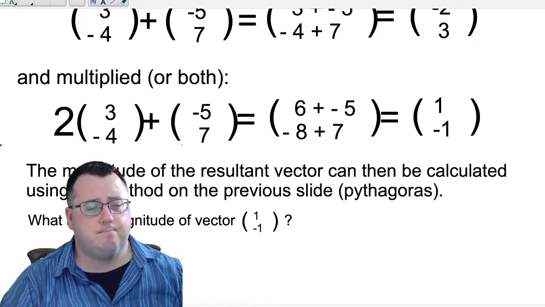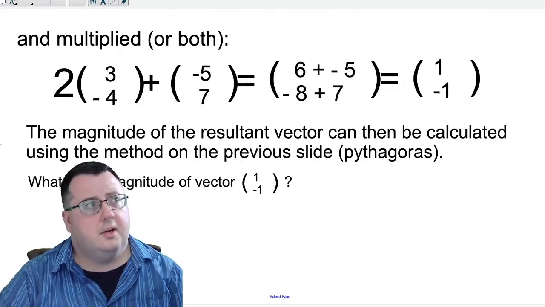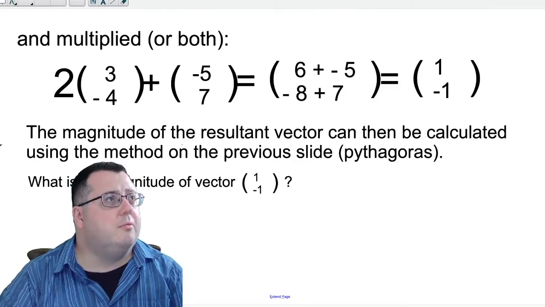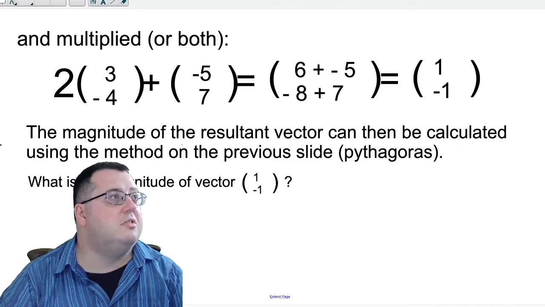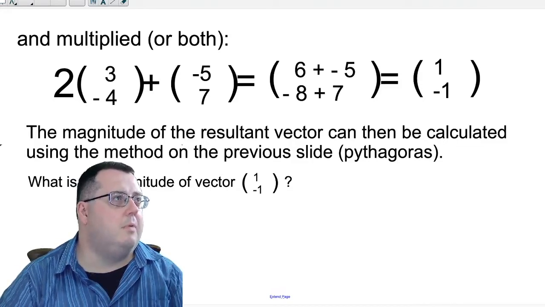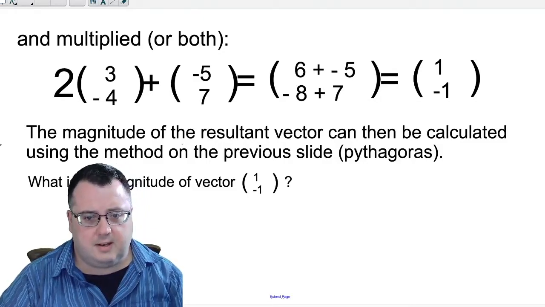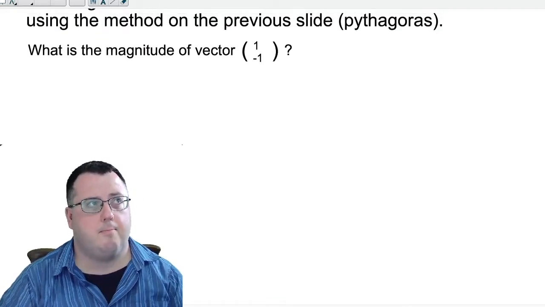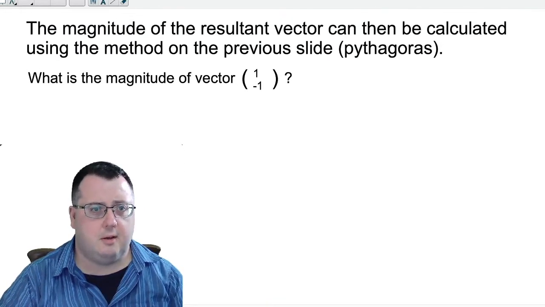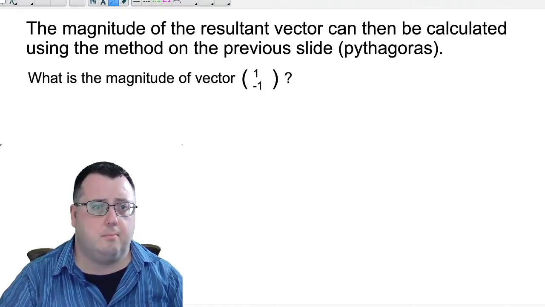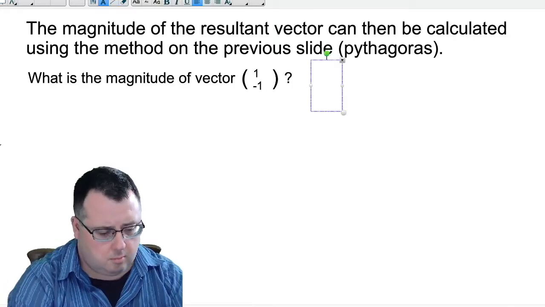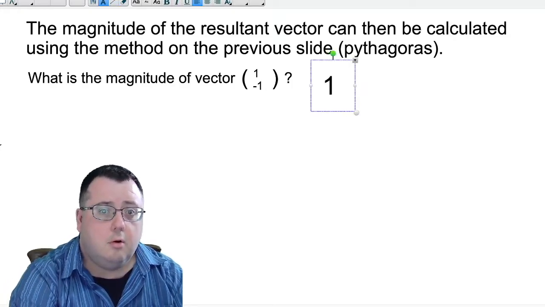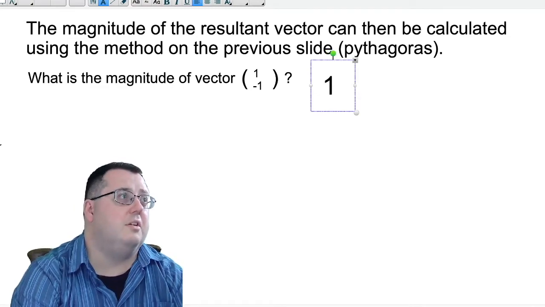Is that alright? So the magnitude of the resultant vector can be calculated using the method on the previous slide, Pythagoras. What would the magnitude of 1, minus 1 be? Think about it. What does 1, minus 1 mean? What does the top number represent?